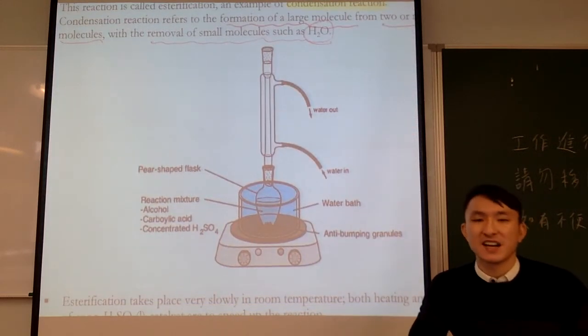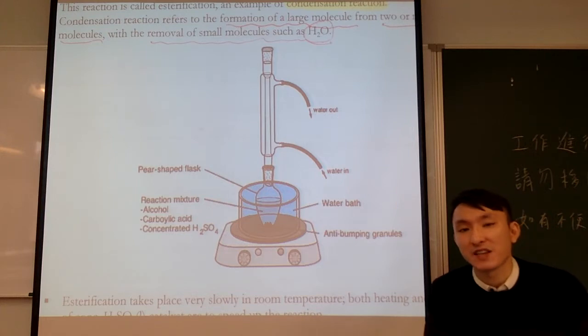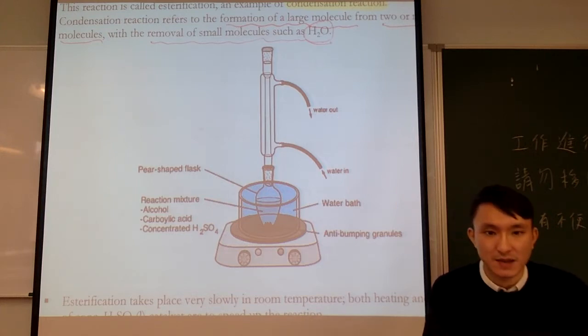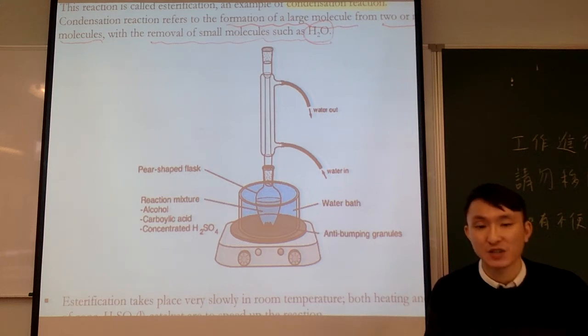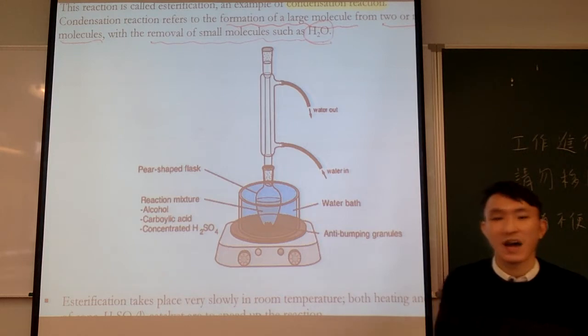Now, here is a setup. Actually, you've seen that one before. It's a heat under reflux setup. So like I said, if we try to actually do this reaction, we need to heat it under reflux for at least 1 hour, 45 minutes to 1 hour.